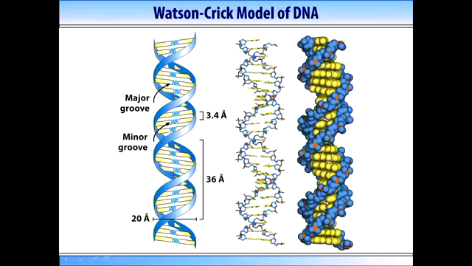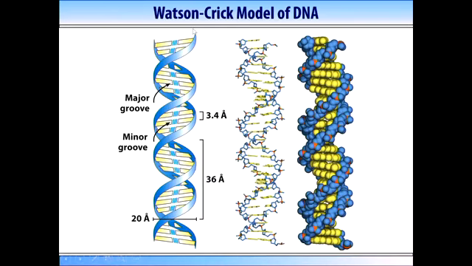So, what are the important features of this model? First of all, the DNA is made of two strands of deoxyribonucleic acid. You see one strand and you see the other. The strands are antiparallel. In other words, if one strand goes from 5' direction to 3' direction, then the other strand will be going the opposite way.